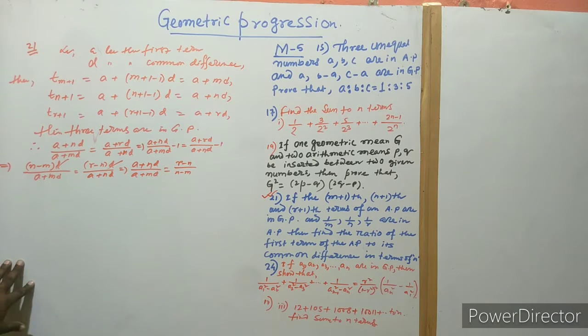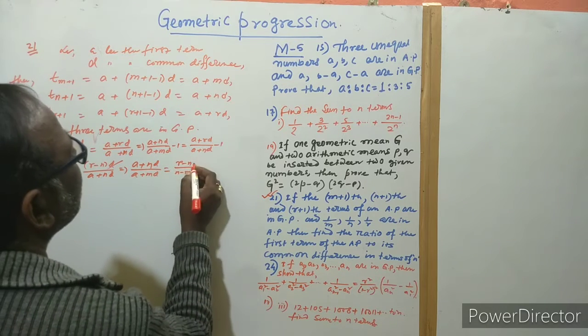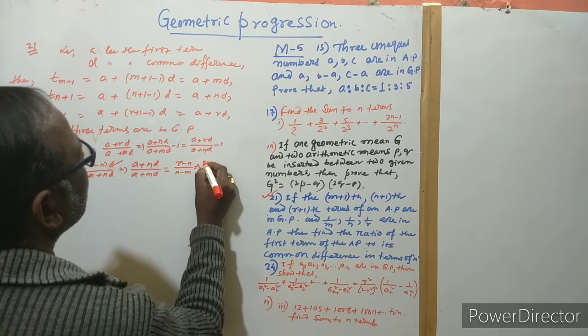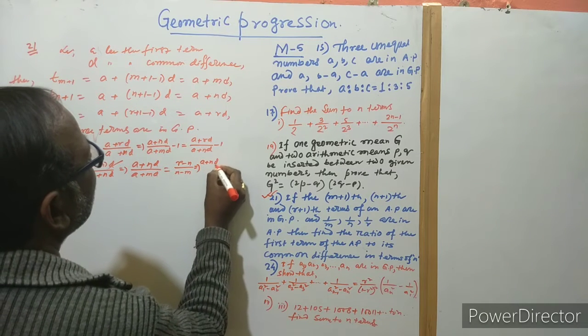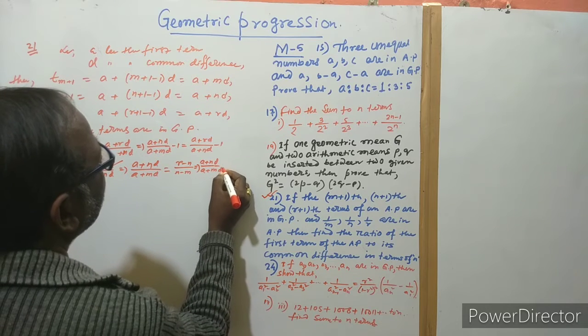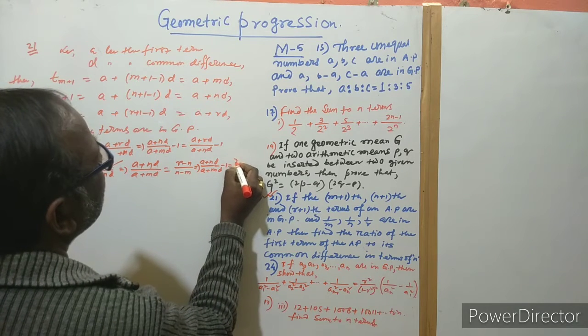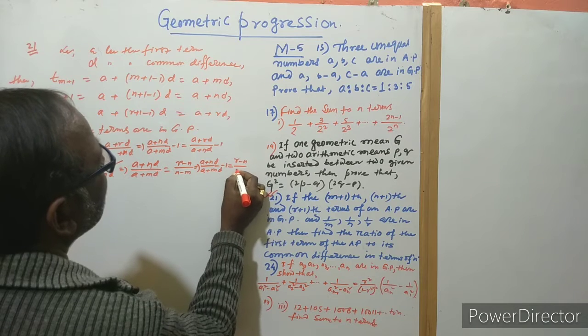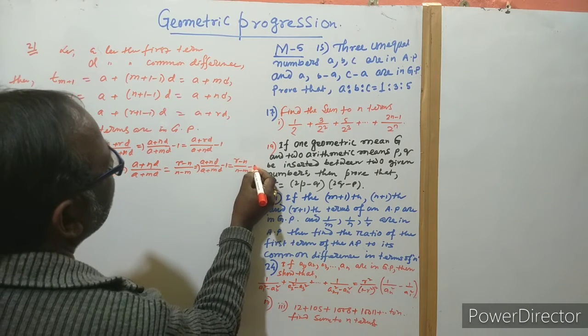So see carefully. Again I'm doing minus 1, so (A plus nD) by (A plus mD) minus 1 is equal to (r minus n) by (n minus m) minus 1.